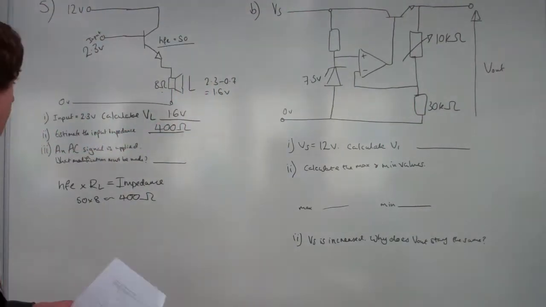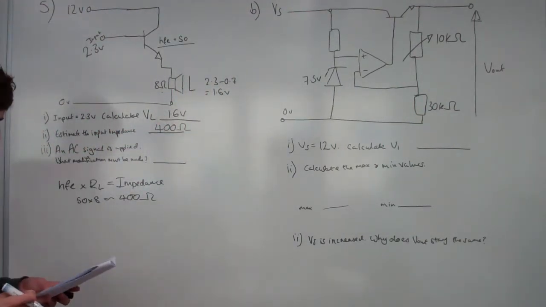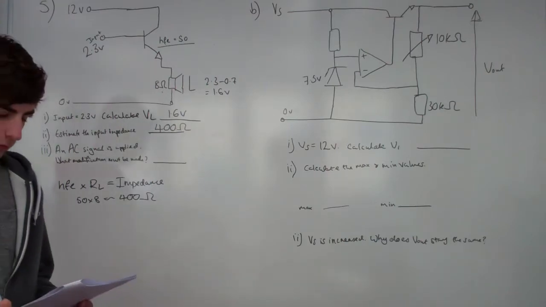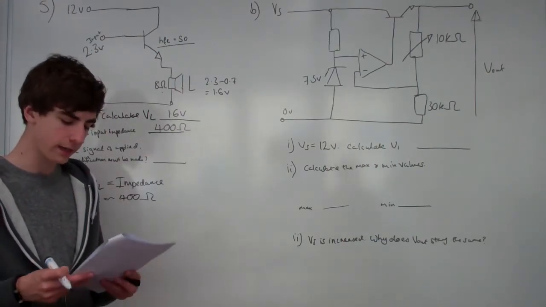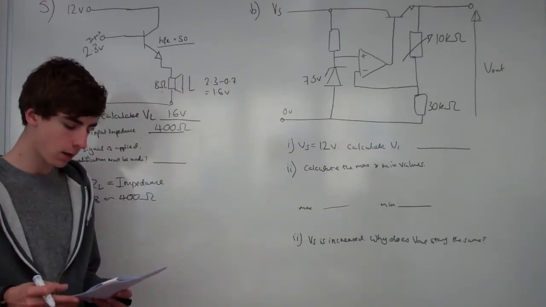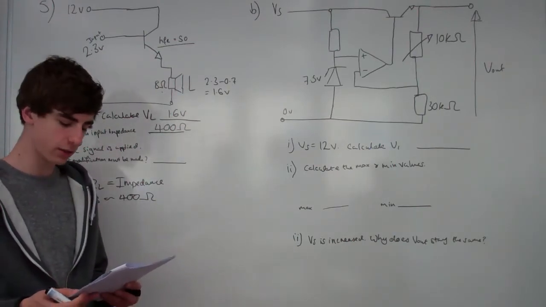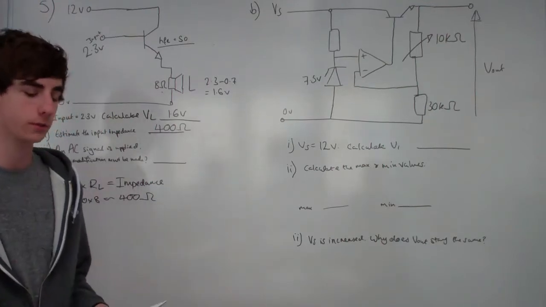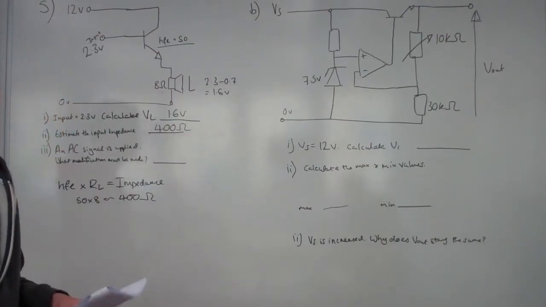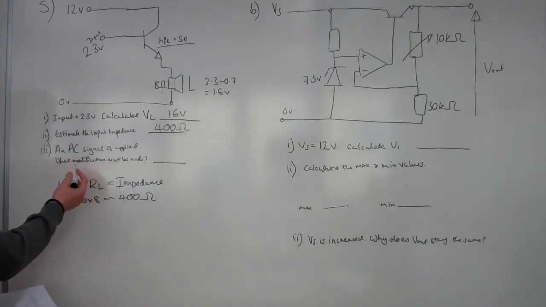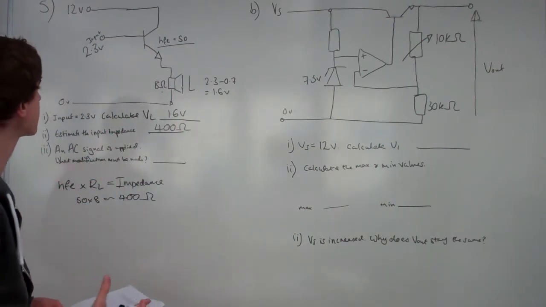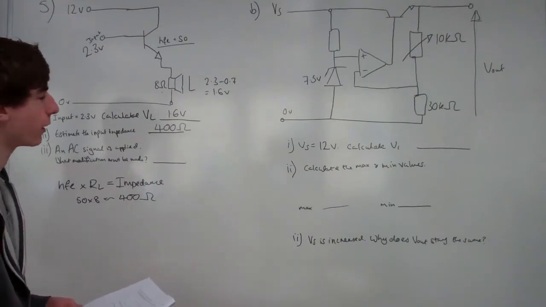Excellent. Now, the last part says, an AC signal ranging from minus 2.3 to plus 2.3 volts is now applied to the input. What modification must be made to the circuit to prevent distortion? Now, all you need to remember is that for an AC signal, preventing distortion is done by using a push-pull amplifier.